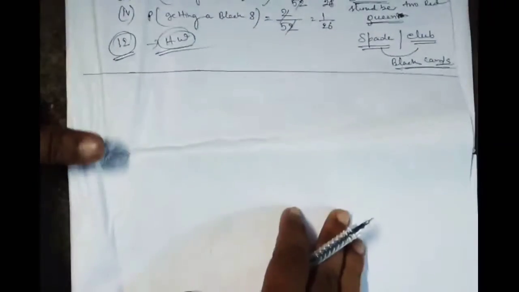So, in this video, we are going to discuss some solutions related to the chapter right circular cylinder. The basic concept about the right circular cylinder you can get from my YouTube channel.